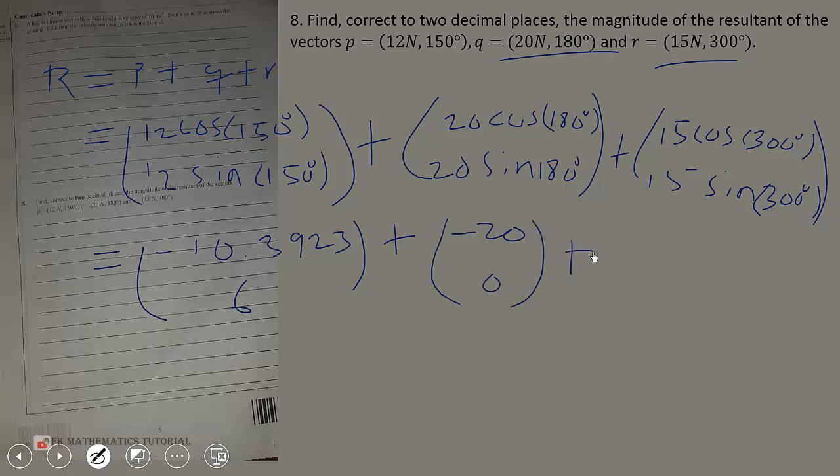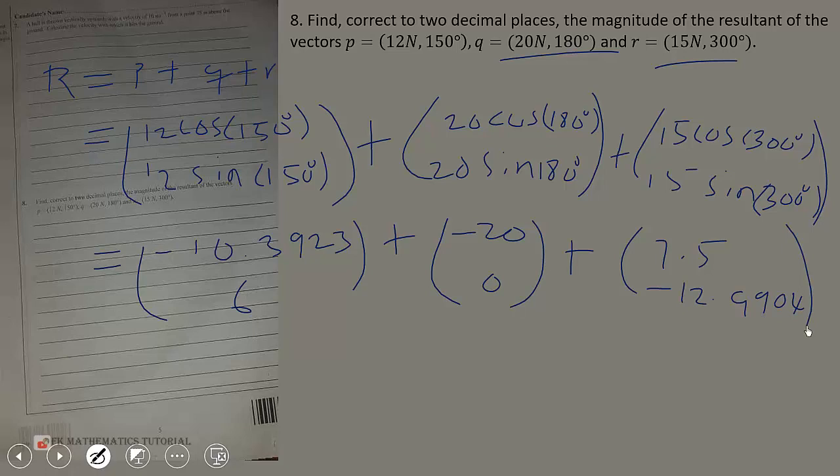Then 15 cos 300 will give us 7.5. Then 15 sine 300 will give us negative 12.9904.